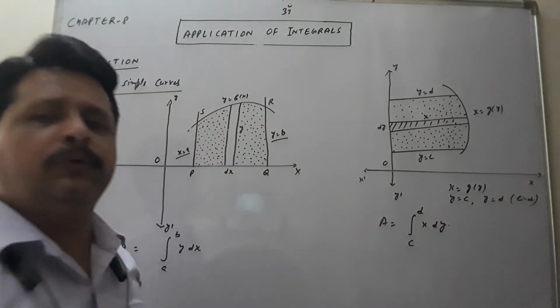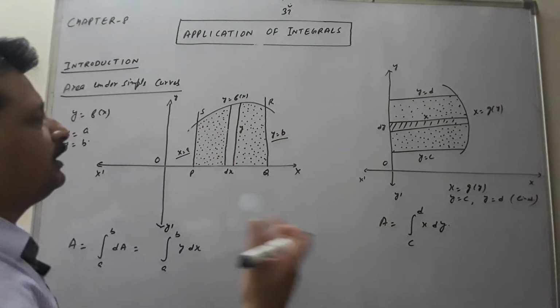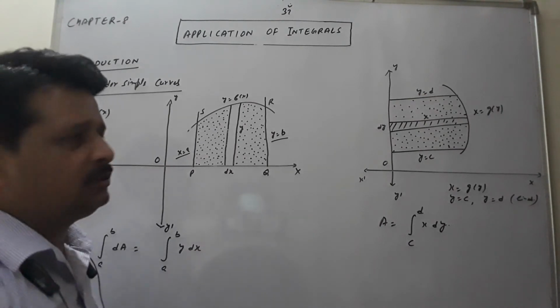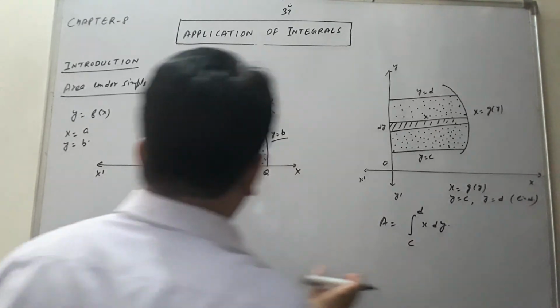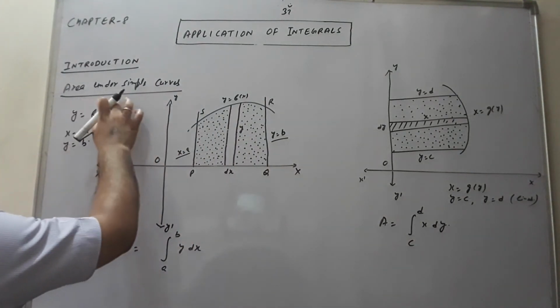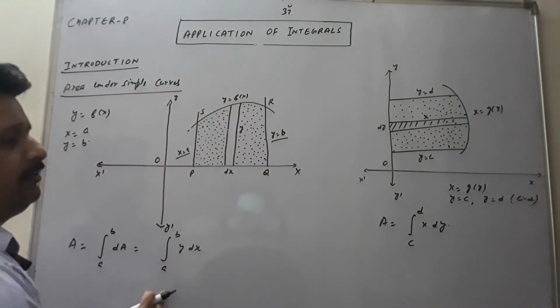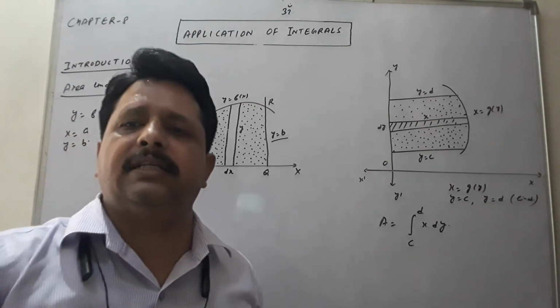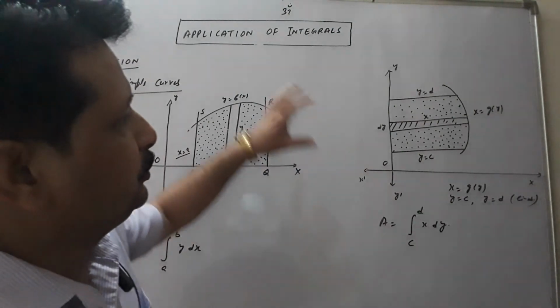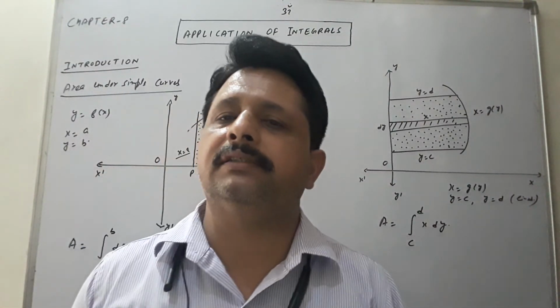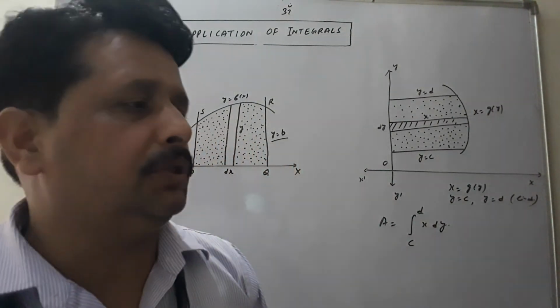It depends upon you in the question whether you want to solve toward the x-axis or toward the y-axis. With the help of this, the area under a simple curve, you can do the exercise questions, students. So we will make use of these basic concepts while we do the exercise questions.